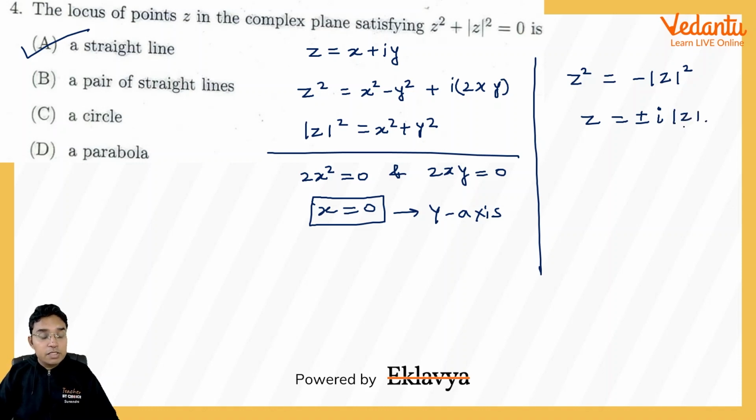Mod z is a positive real number, hence z will be lying on the y-axis, positive or negative, including the origin, because you can take z equal to 0 also, which is satisfying it. So this also says that z lies on the y-axis, and from here also we can conclude that the answer will be A.